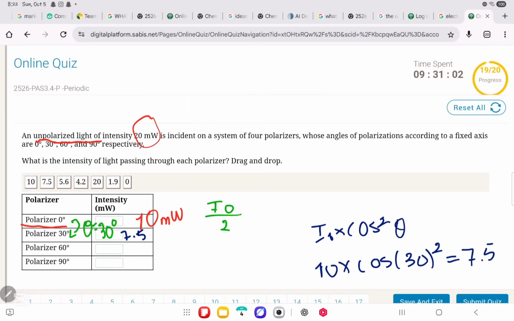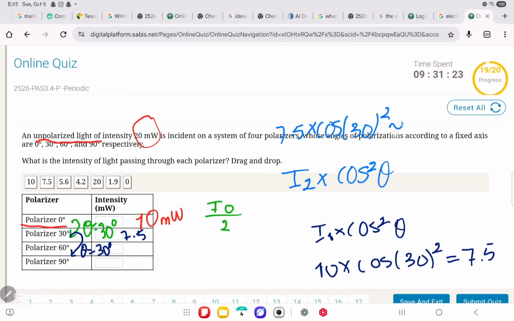Now, if we move from 30 degrees to 60 degrees, theta is also 30 degrees. So we find I3, which is I2 times cosine squared theta. I2 was 7.5 times cosine 30 squared. Put it on the calculator, you'll get an approximate answer of 5.6.